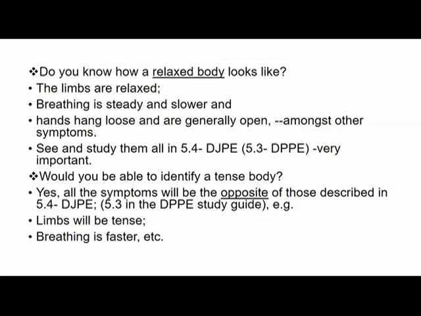So, would you be able to identify a tense body? Yes, all these symptoms will be the opposite of those described in 5.4 DJPE, 5.3 in the DPPE study guide. For example, the limbs will not be relaxed, but tense. Breathing is faster, etc.